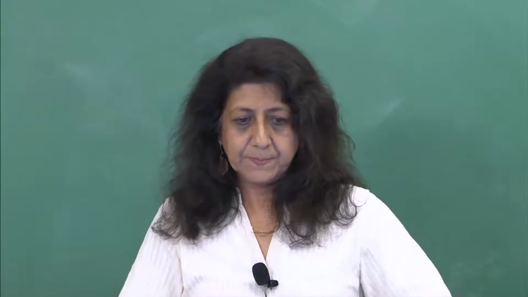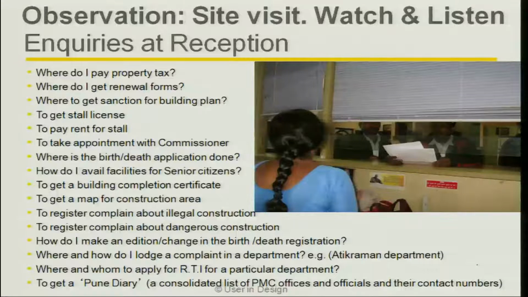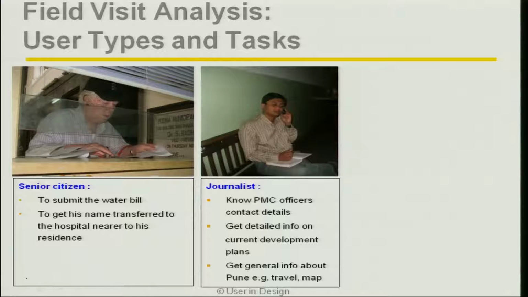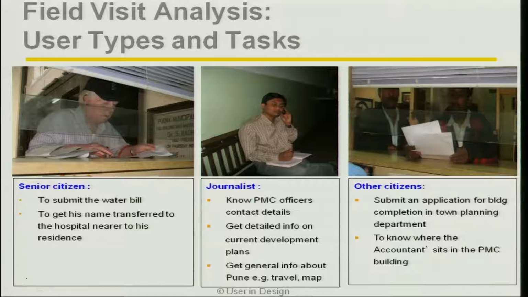that you find. So if you remember, by hanging around the reception at the corporation office, by watching and listening, this was the long list of things we found that people are asking for, right? So after coming back and taking that and trying to make sense of it, we figured that there are, among others, 3 types of people that I'm presenting to you.